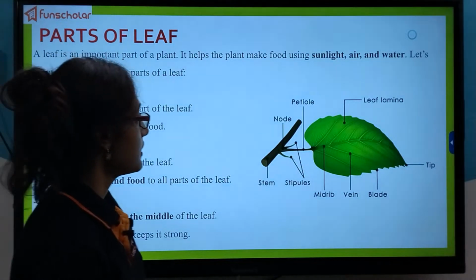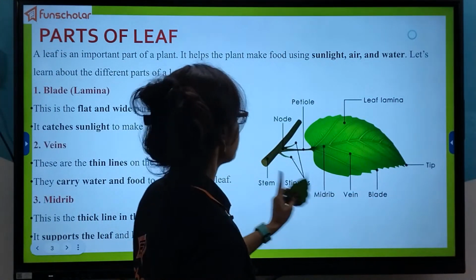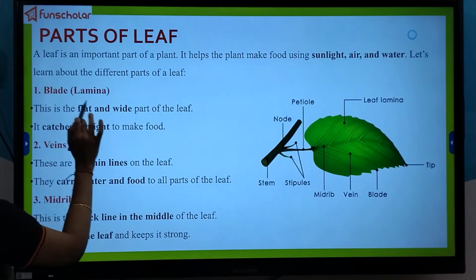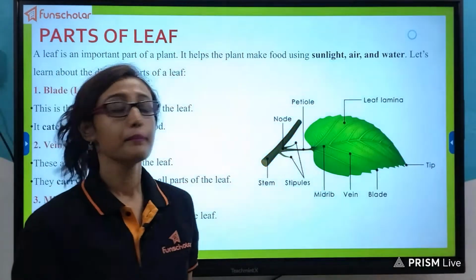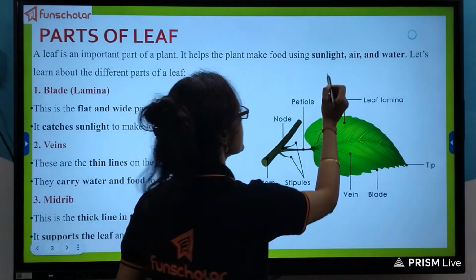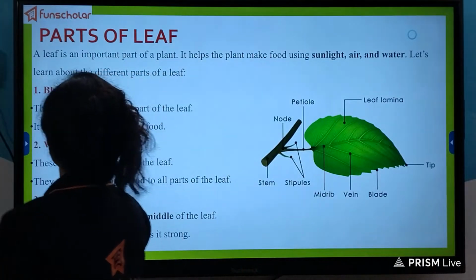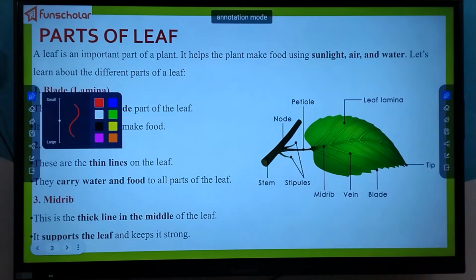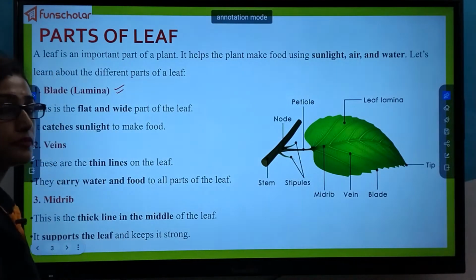See, now a colorful picture of the leaf. Let's read. A leaf is an important part of a plant. Why? Because it helps the plant make food using sunlight, air and water. Let's learn about different parts of the plant. So first is leaf lamina or leaf blade.